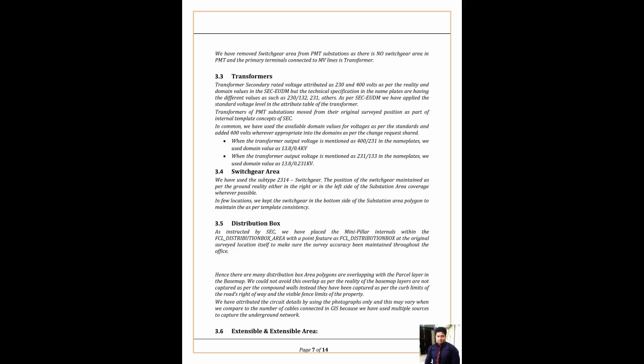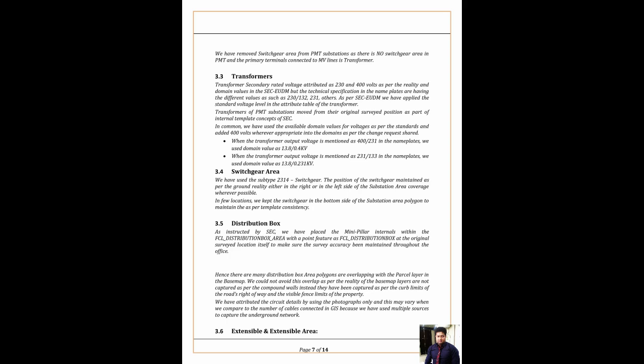Hence there are many distribution box area polygons overlapping with the parcel layer in the base map. We could not avoid this overlap, as per the reality of the base map layers, which are not captured as per the compound walls; instead they have been captured as per the curb limits of the road's right of way and the visible fence limits of the property.